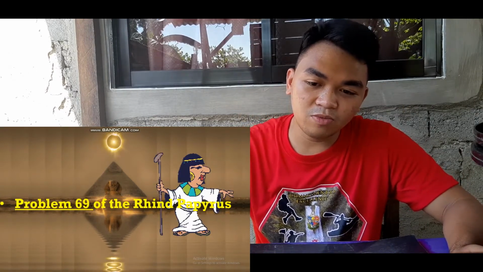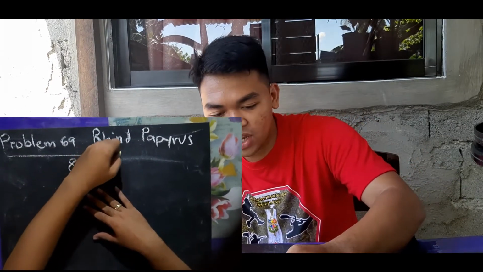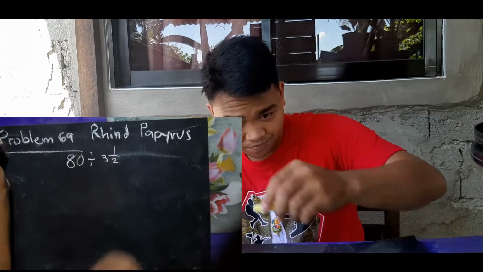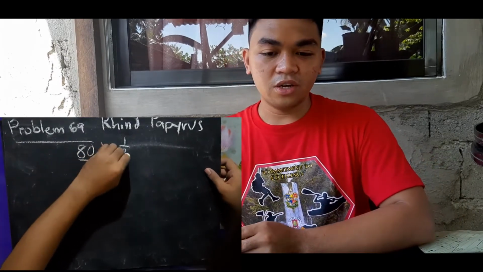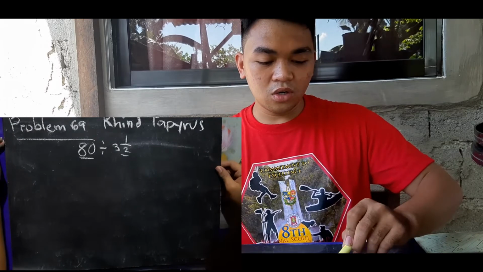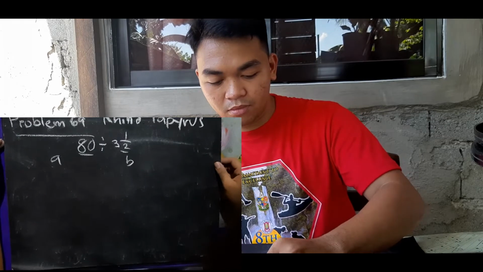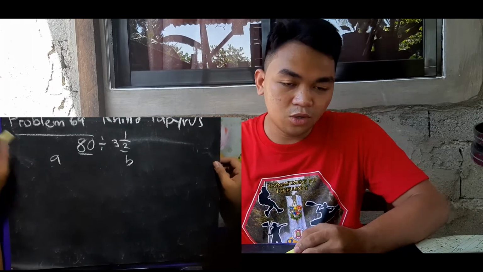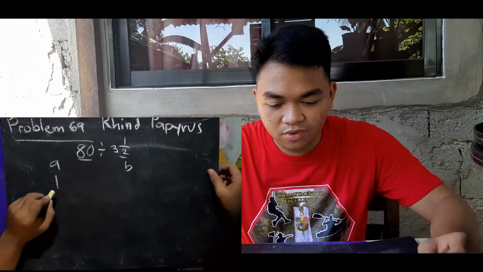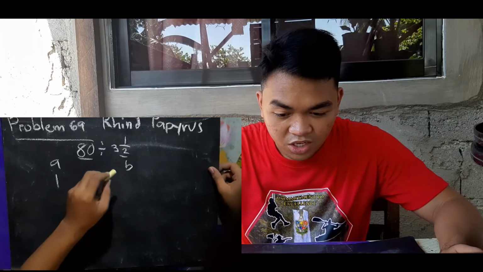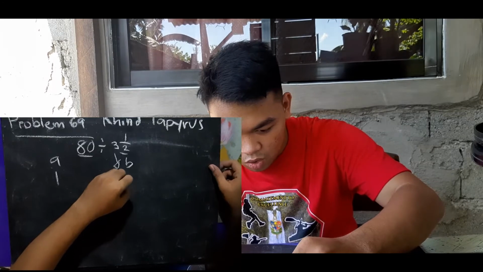The book gives us 80 divided by 3 and 1/2. So problem 69 of the Rhind Papyrus: 80 divided by 3 and 1/2. So there are also column A, the first column, and column B. As I've said, column A always starts with 1, then column B starts with 3 and 1/2.